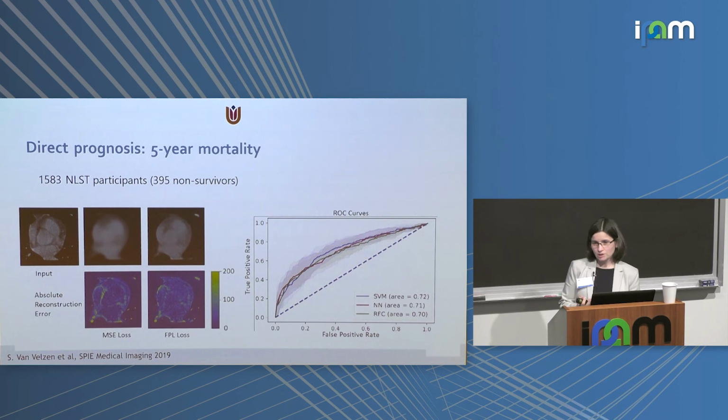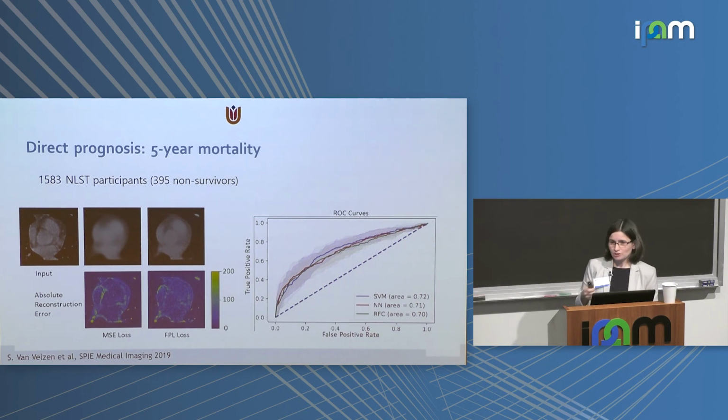And what we see here is that based only on the image information, the performance is very comparable to the engineering approach, where we use the calcium score for prediction.